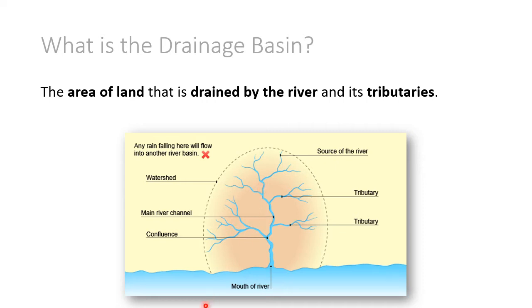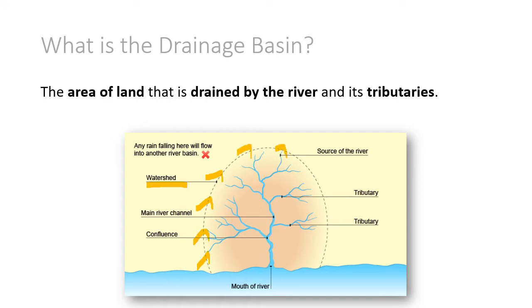Now, by far the hardest one to get your head around is this idea of a watershed. Now, a watershed is basically the boundary of a river. And nearly always what happens is there's hills. Now, water flows downhill.